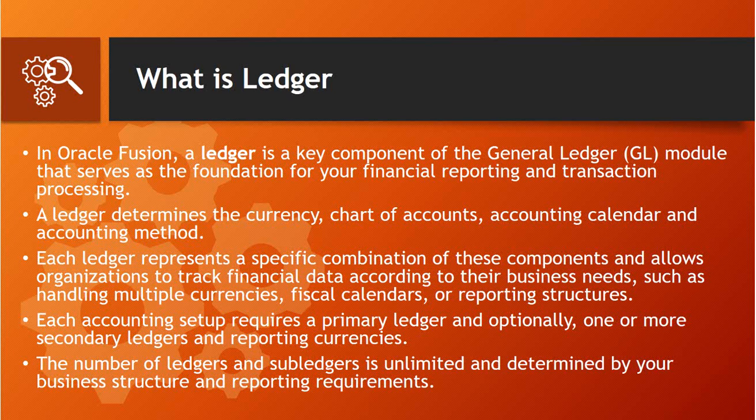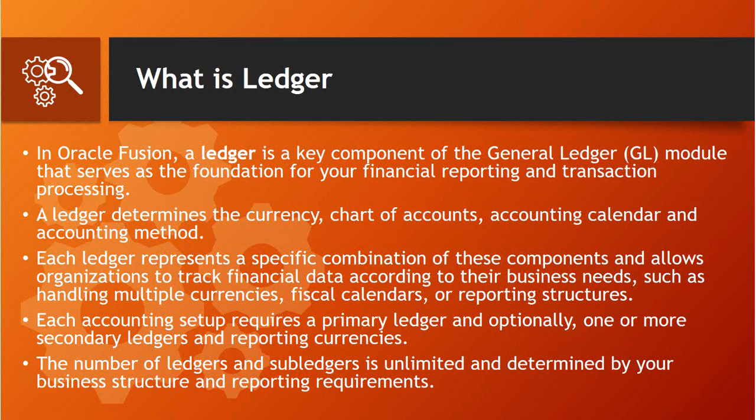Each accounting setup requires a primary ledger and optionally one or more secondary ledgers and reporting currencies. The number of ledgers and subledgers is unlimited and determined by your business structure and reporting requirements. So if you have noticed points 4 and 5, the primary ledger is required.